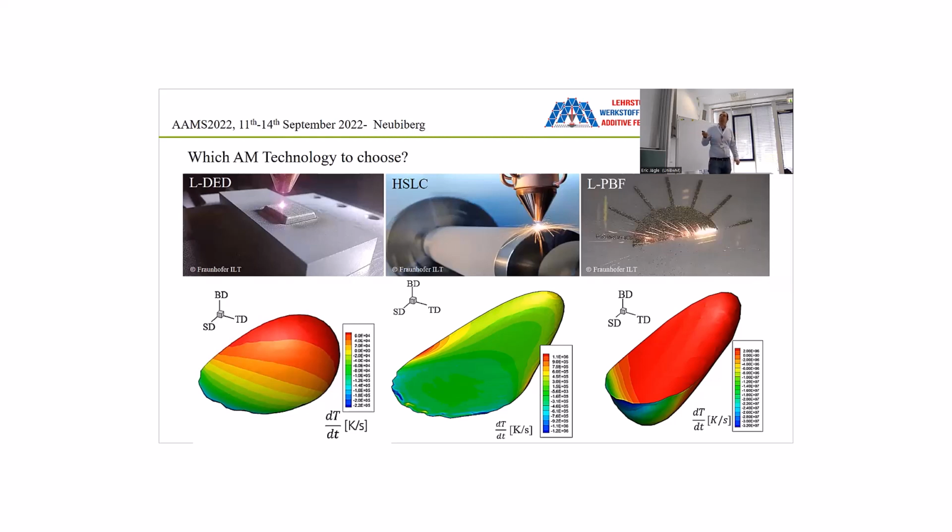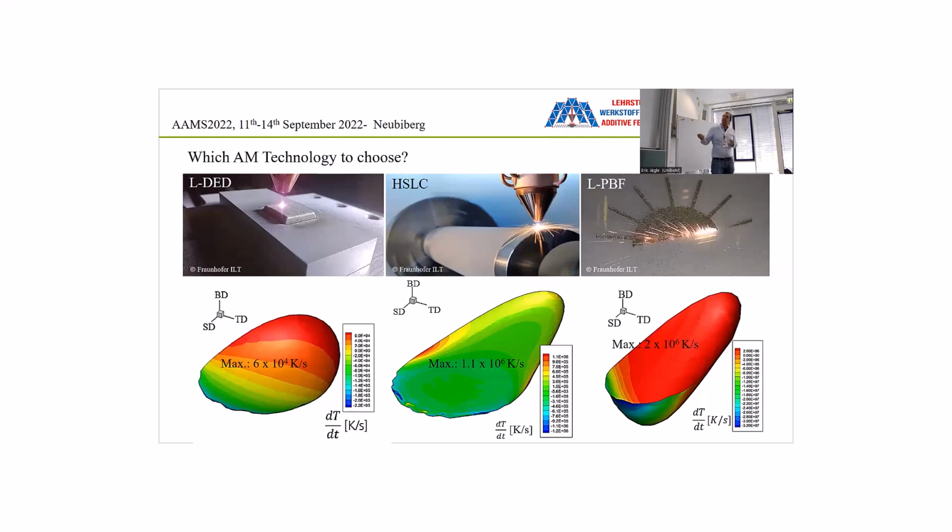Then we have a look. We did some calculations with FEM modeling to simulate the cooling rate of these processes, also using the process parameters for this steel. What steel I'm using, we can talk about in two slides.